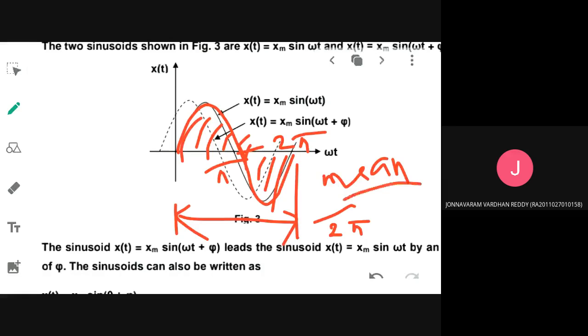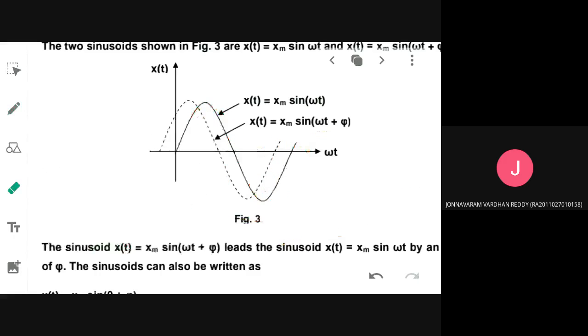This waveform you are going to consider a sinusoidal quantity for which you are going to derive the mean value now. Maximum value, you know what it is: this is your maximum value Xm in general, or Im or Vm if it is a voltage or current quantity. So this is one way of representing any AC quantity.